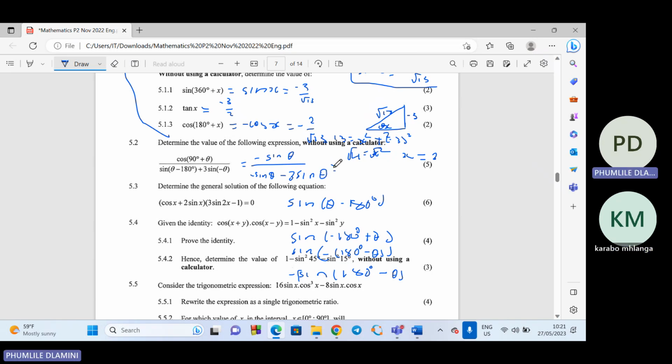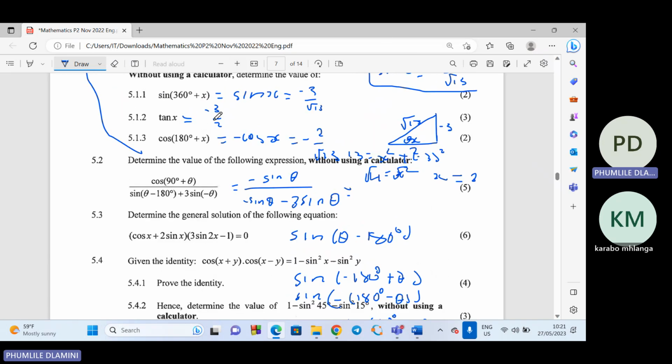So now you know about the like terms. When we talk about like terms, if things are the same, we can add them and we can subtract them. So you will see that here you have minus sine theta minus 3 sine theta. It can be minus what? Minus 1 minus 3, minus 4 sine theta.